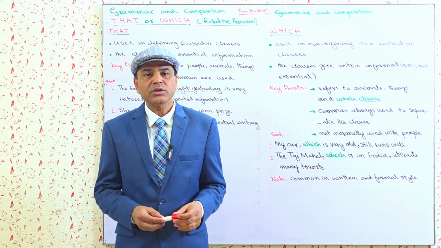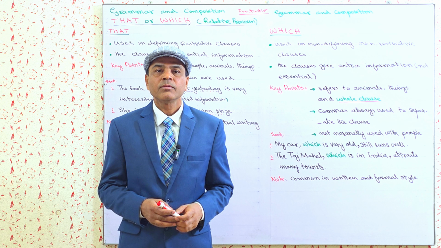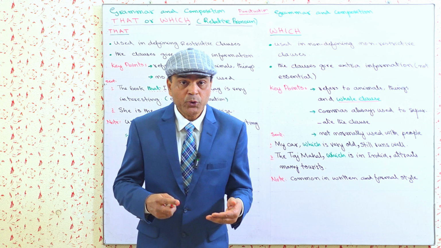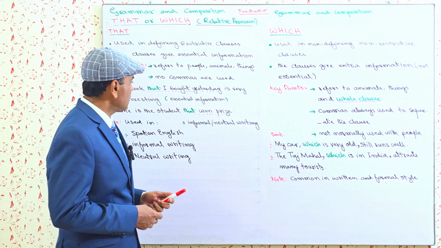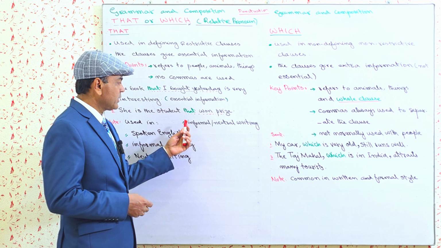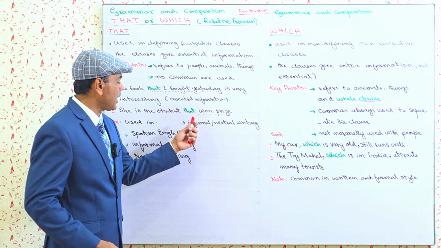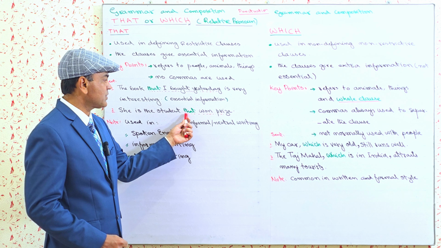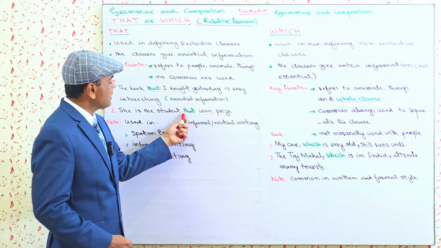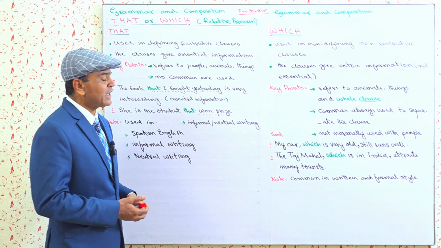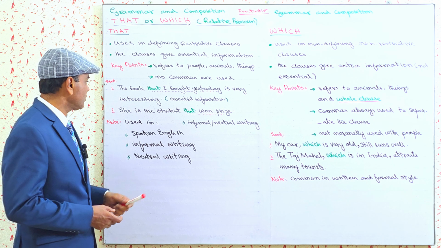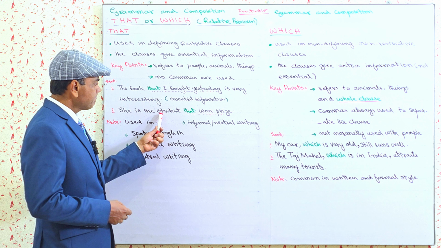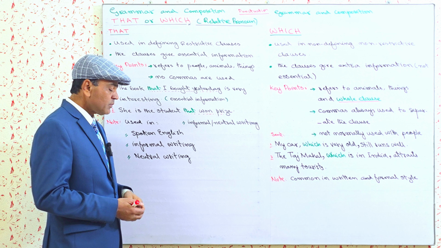You have not mentioned it before. Then in order to make it more clear, I'll put another clause after it, that won prize, and I introduced it with the word that, and this becomes a restrictive clause and gives essential information about the student.